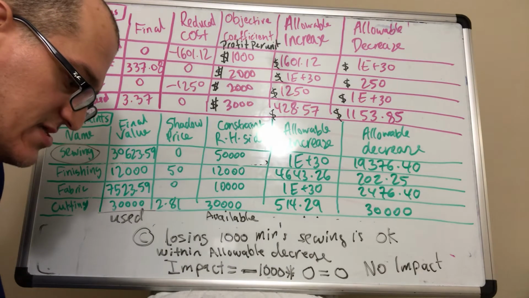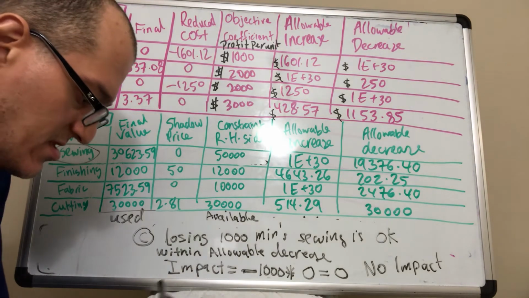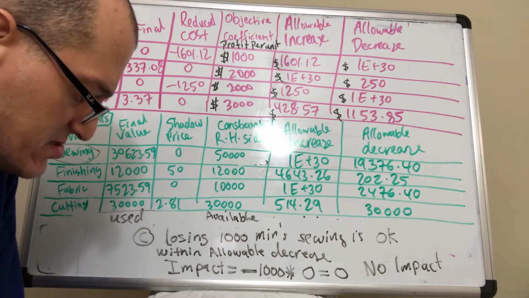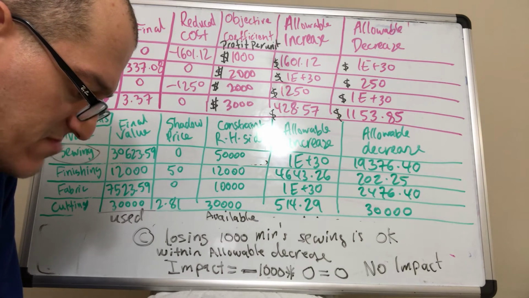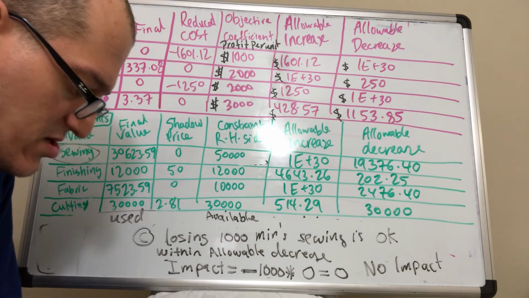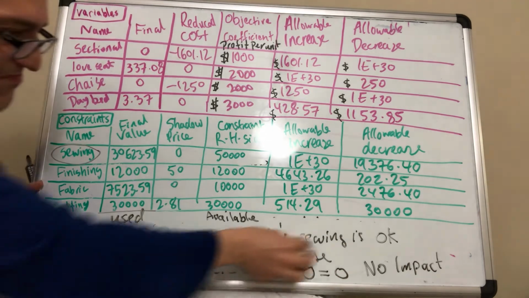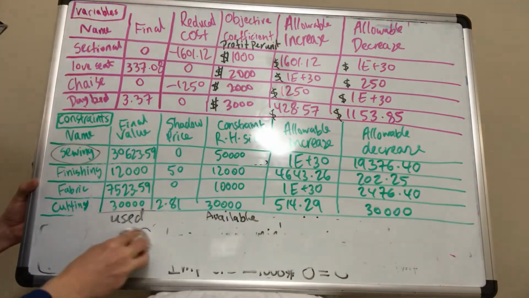Now we look at the D question. Suppose 2,500 meters of fabric is found to be damaged, cannot be used. What's the total impact on profit? Well, first of all, I think this is a typo.